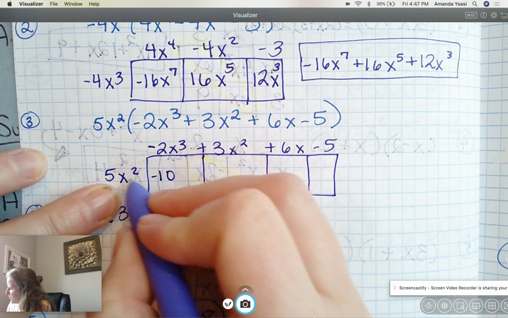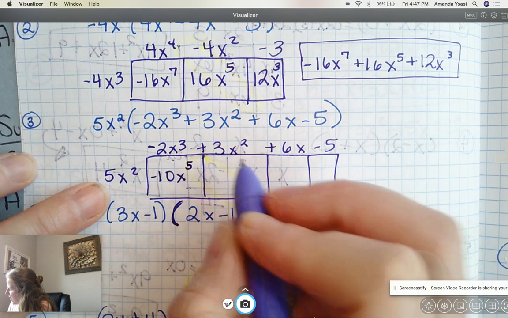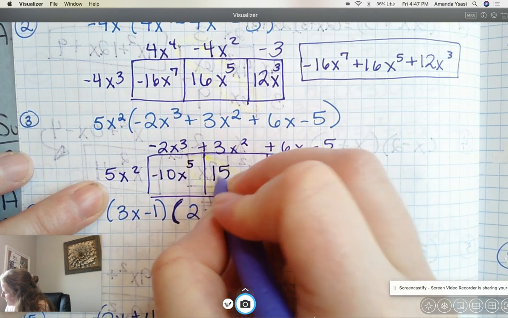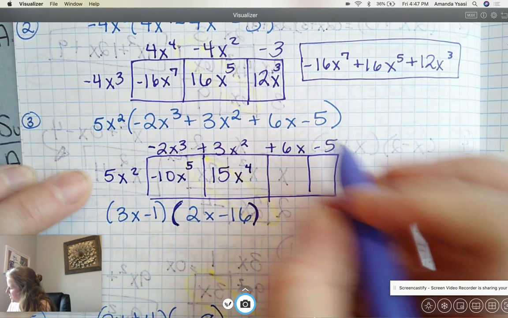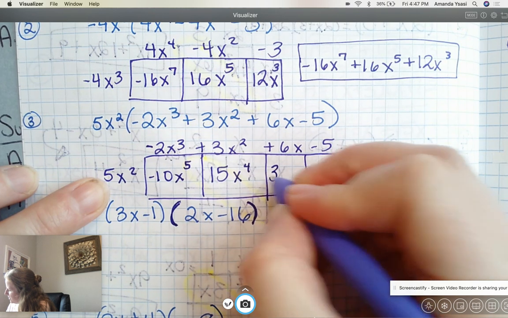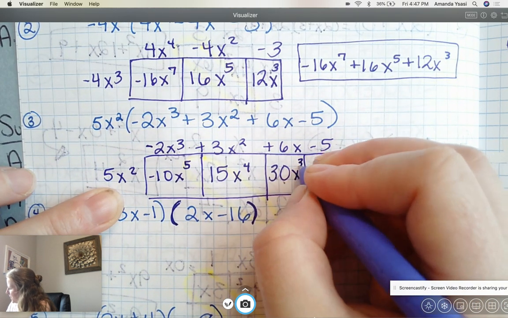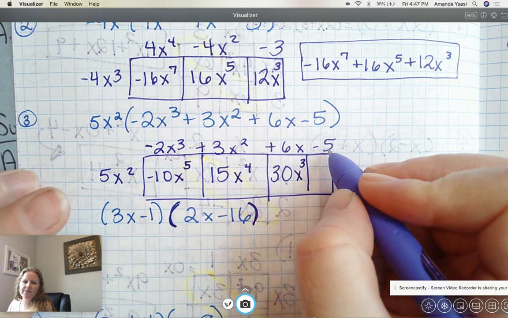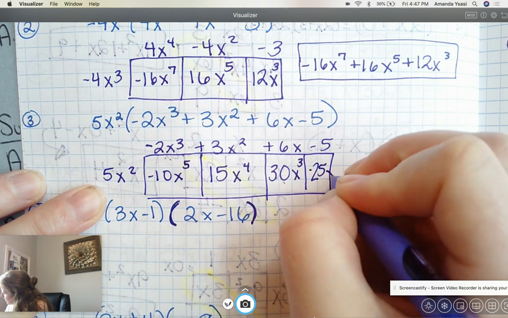Then add our exponents, so x to the 2 plus 3 is 5. 5 times 3 is 15. And then x squared and x squared make x to the 4. 5 times 6 is 30. X times x squared is x cubed. And then 5 times negative 5 is negative 25x squared.